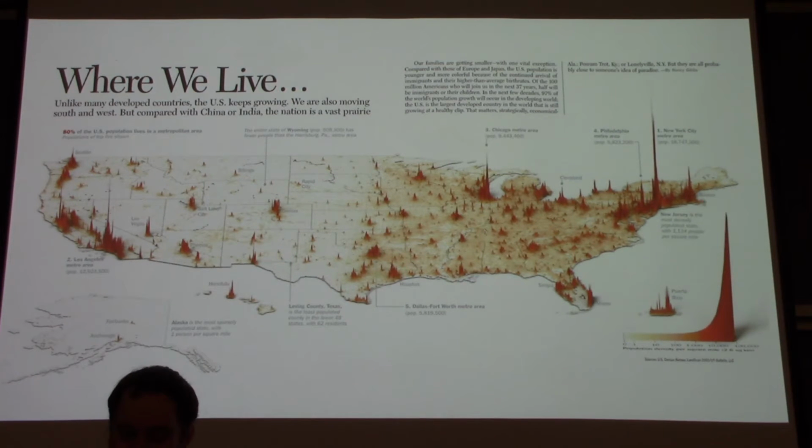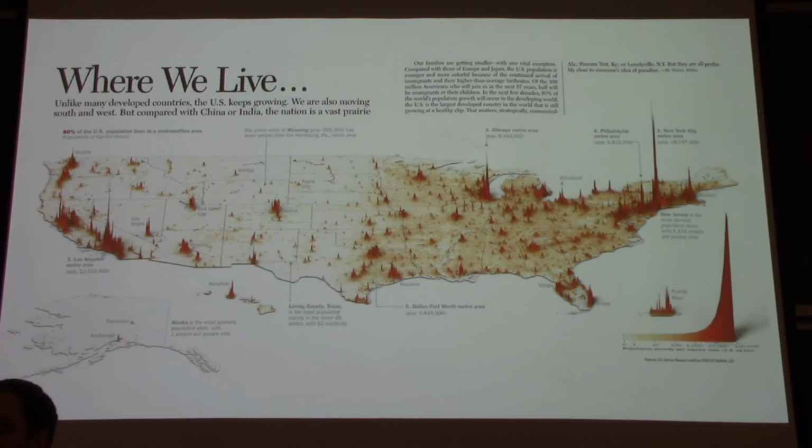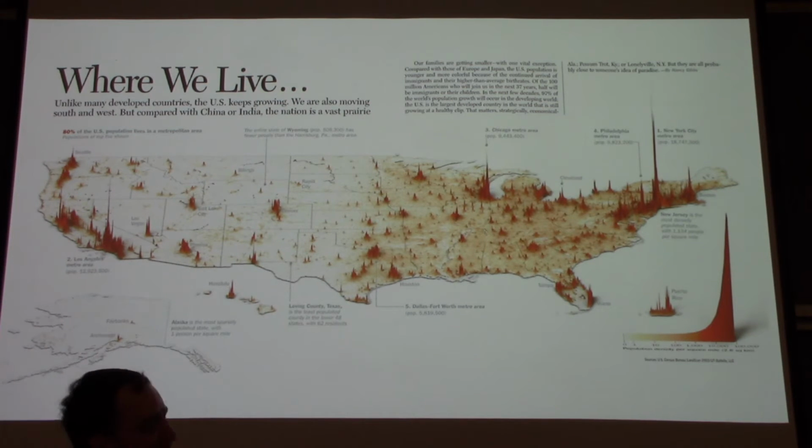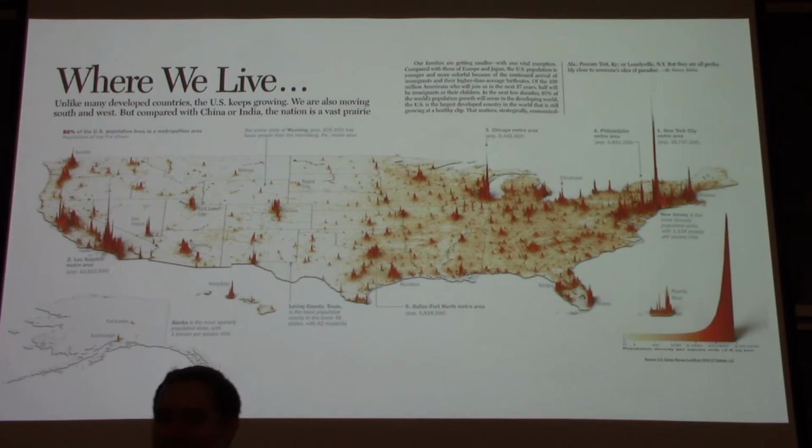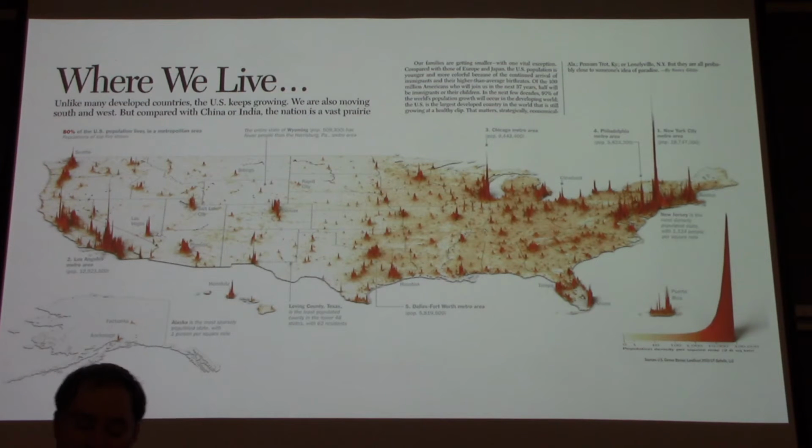So here is a nice, I think, 3D map. This is where we live, a population map. Here, similar to the case we had with the yield curve for loans in the New York Times, they make careful use of 3D, and it gives you a better impression of what is happening than if you just showed this as a choropleth map.